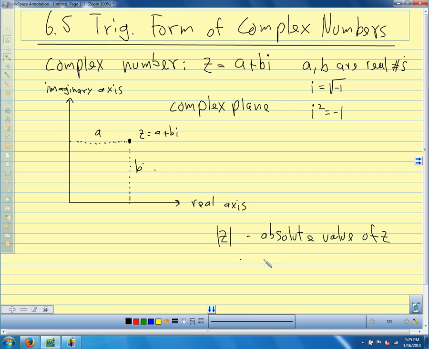Absolute value of z, this is the distance from the point 0, 0, from the origin, to our point in the complex plane.